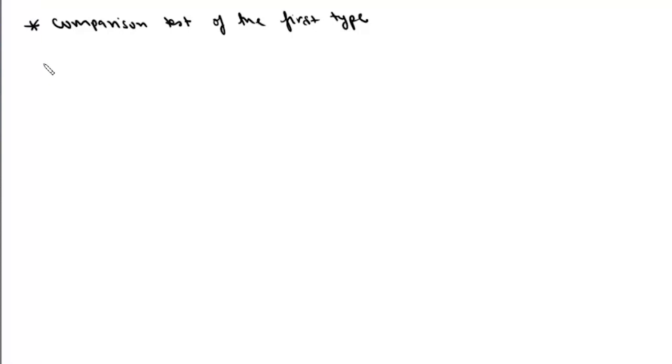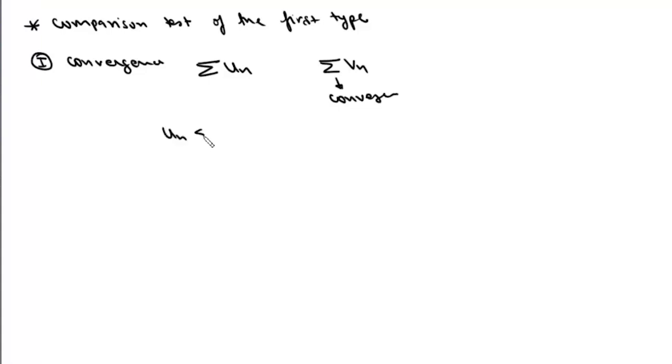Here we are going to compare two series to test for convergence and to test for divergence. So if we have to test for convergence of this series, summation un, then we'll take another converging series Vn such that each corresponding term of un is less than or equal to Vn for all n greater than or equal to some number m.